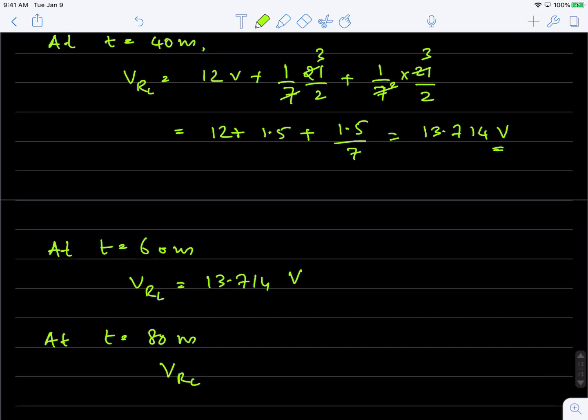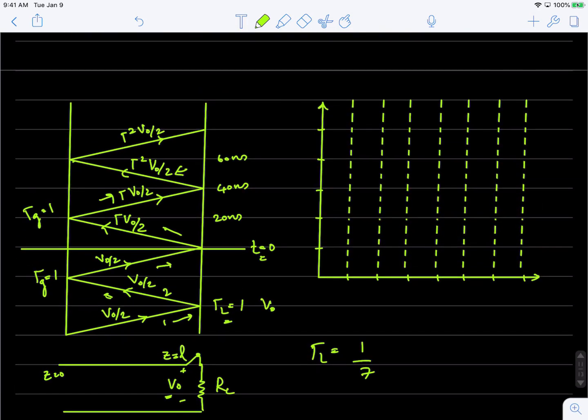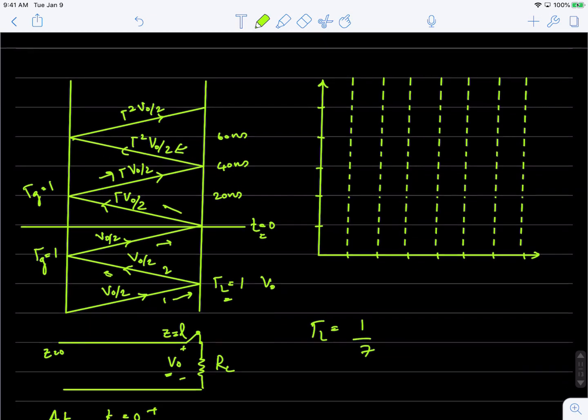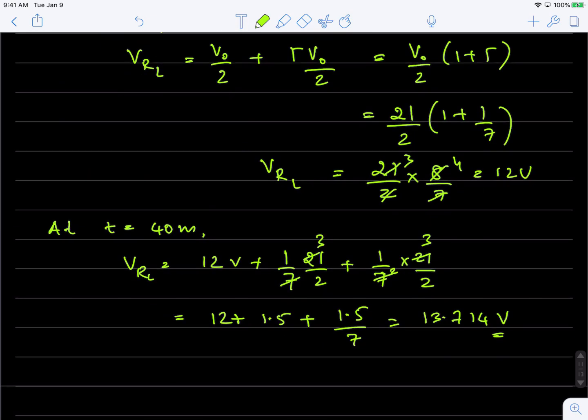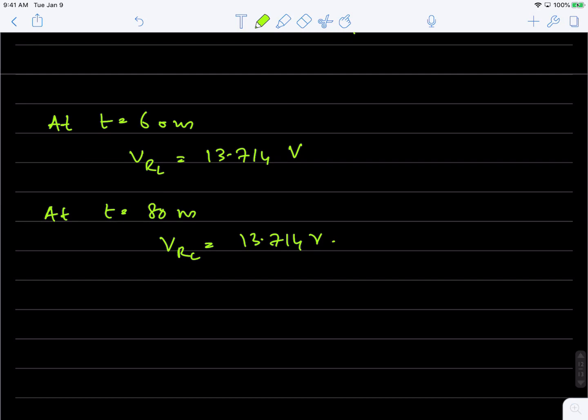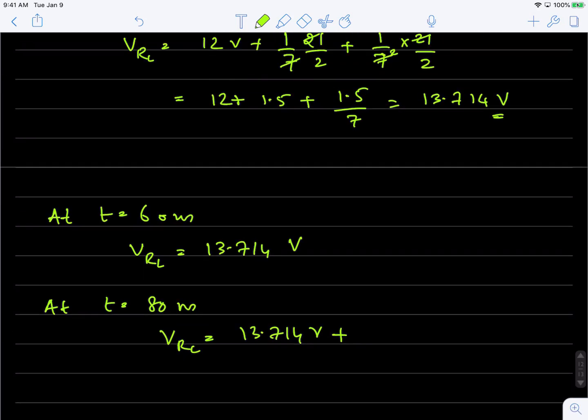Then VRL is going to be 13.714 volts plus 1 by 7 square into 21 by 2 plus 1 by 7 cube into 21 by 2.